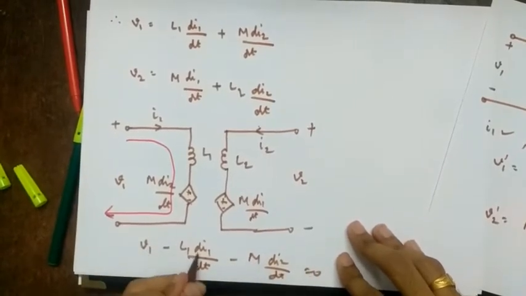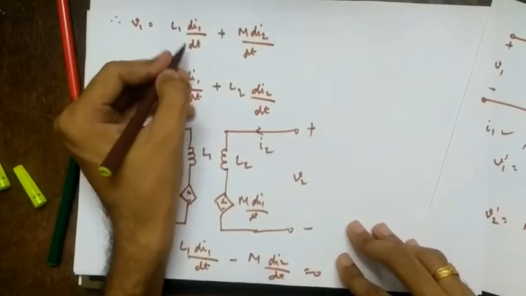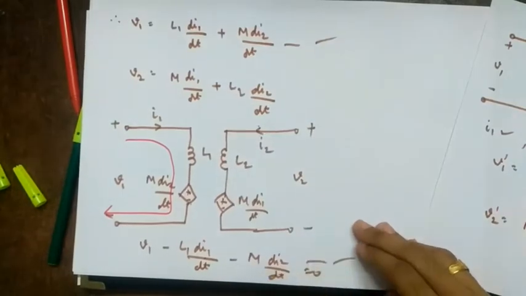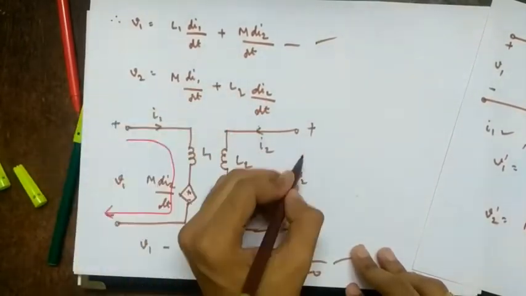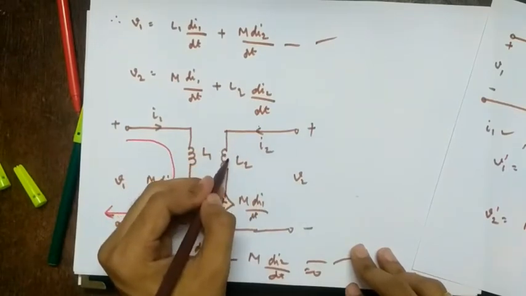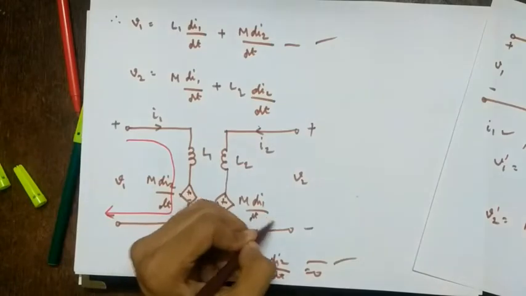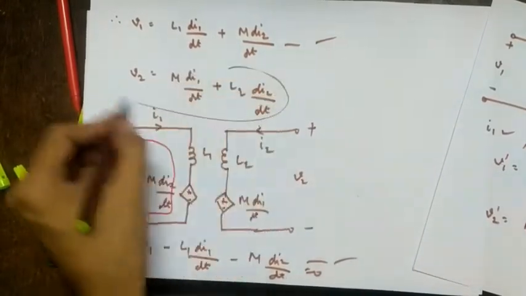What will we get? V1 is L di1 by dt plus M di2 by dt. Both are the same. Right? Similarly, you apply KVL here, it will be the same as these equations. V2 minus L2 di2 by dt minus M di1 by dt equal to 0. So take the two terms there, you will get the same equation as this one.